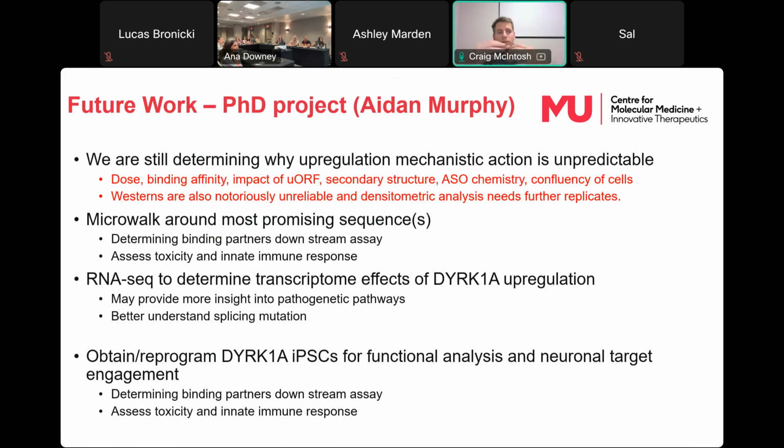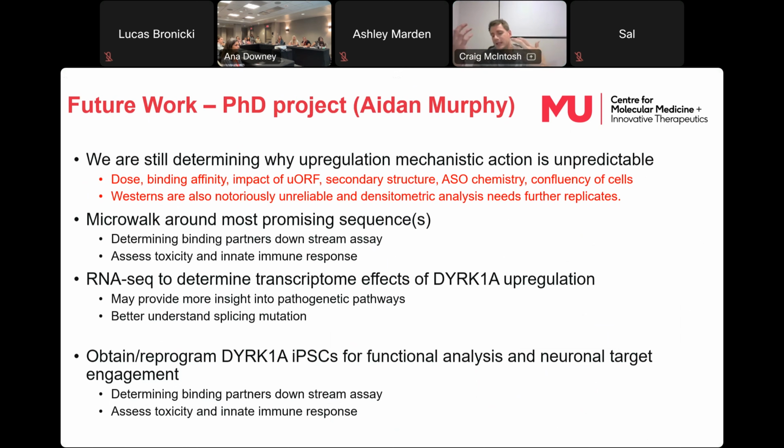So we still need to determine why the mechanistic action is unpredictable. It's got to do with a lot of things, but some more mechanistic studies would probably help that. We're going to anneal or move where the sequence binds by a few bases, so really just moving it up and down a little bit.